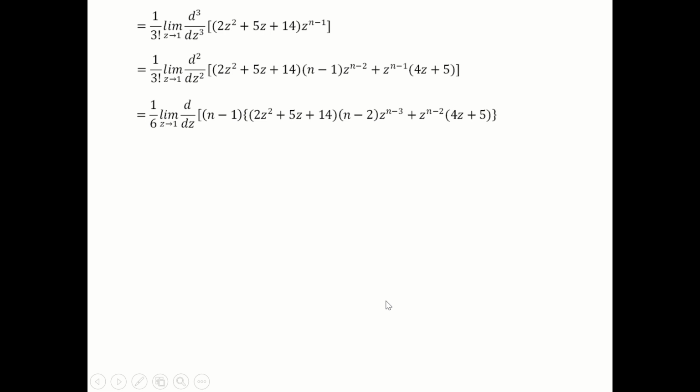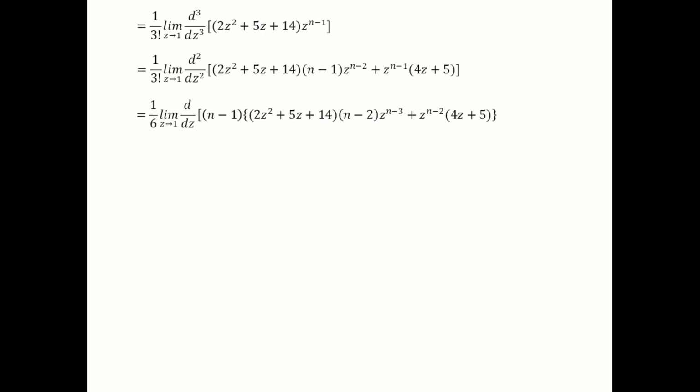Now 1 by 3 factorial. 3 factorial is 1 into 2 into 3, so 2 threes are 6. 1 by 6 into limit z tends to 1, d by dz of, again the next derivative, right? We are reducing the derivatives: first one derivative, then the second derivative we are taking. Same procedure. n − 1 is a constant, keep it as it is.